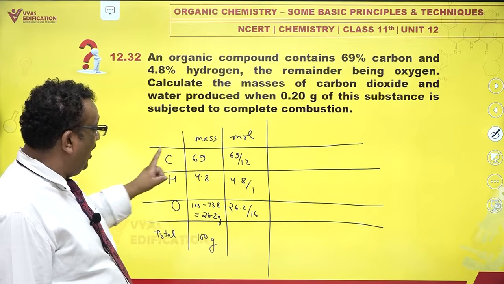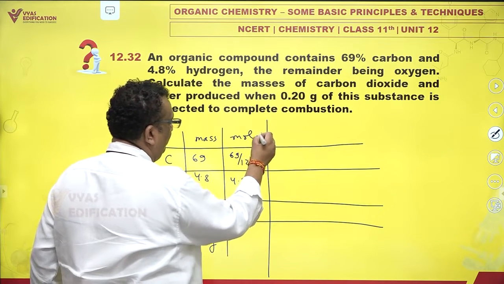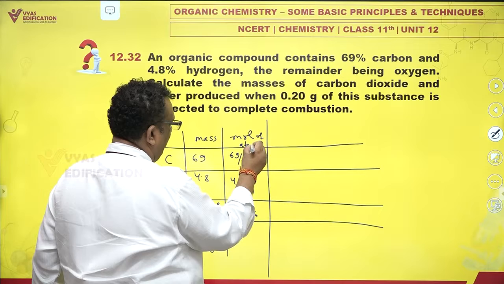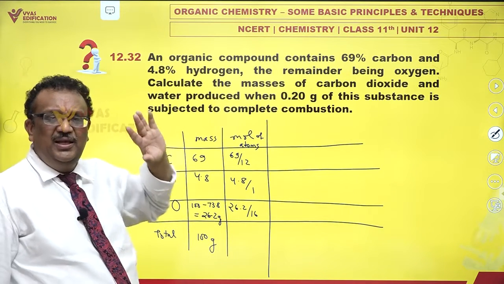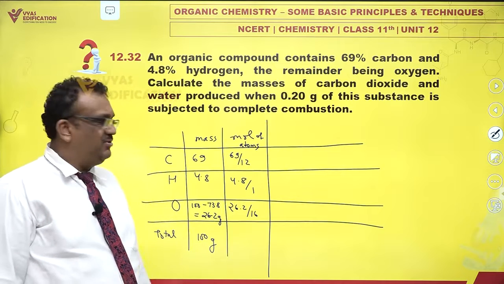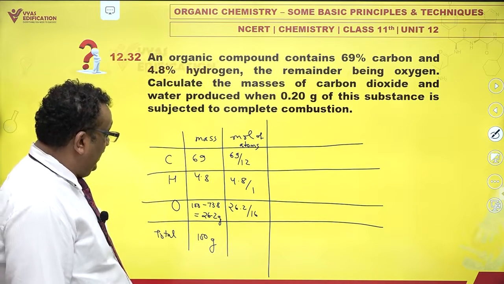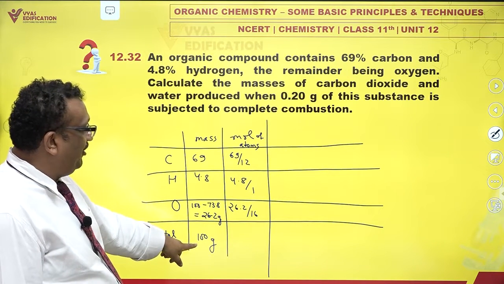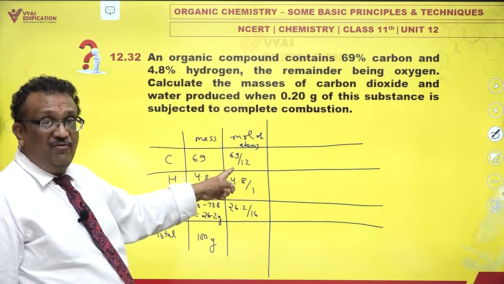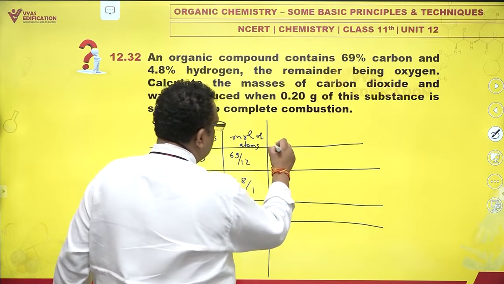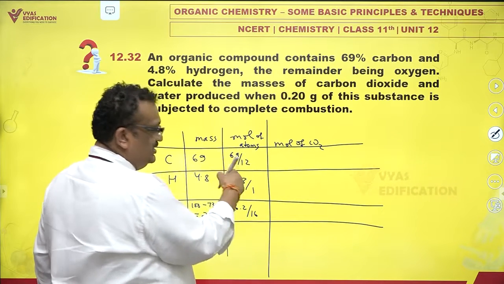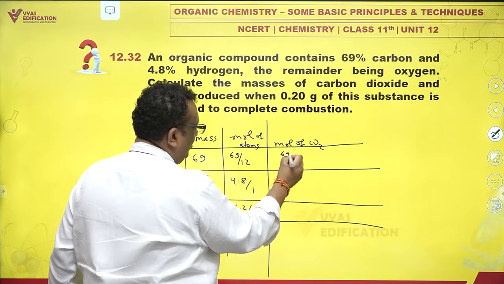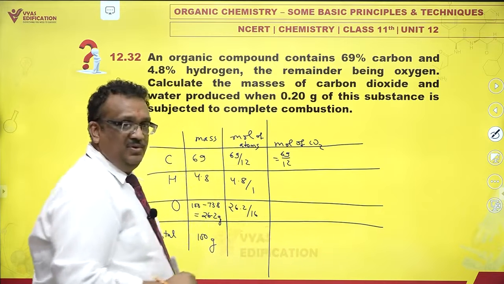So many moles of carbon atoms. These are moles of atoms. Let me make it clear. I'm not asked the empirical formula, etc. So let me not bother. Had I had 100 grams, these many moles of carbon would have been there. So moles of CO2 would have been how many? Same moles, 69 by 12, right?